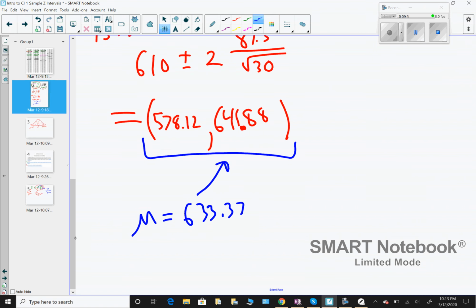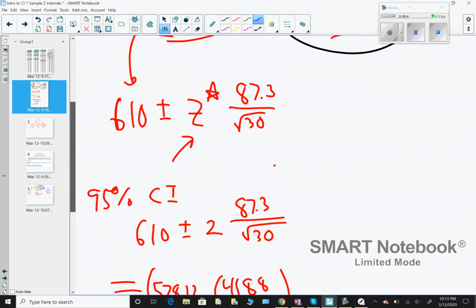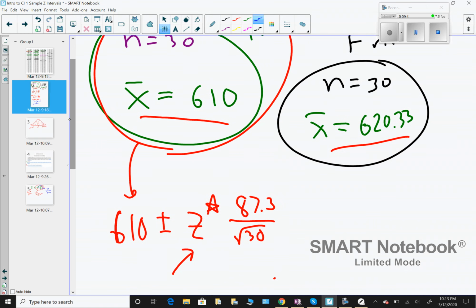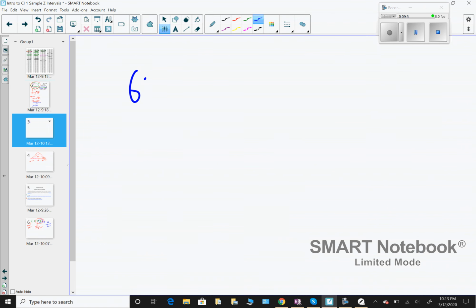Now let's see how the friend did. The friend was working on their own, and when they did their confidence interval, they got an x bar, here it is, of 620.33. So let's write their interval out, 620.33 plus or minus 2 times 87.3 over the square root of 30.